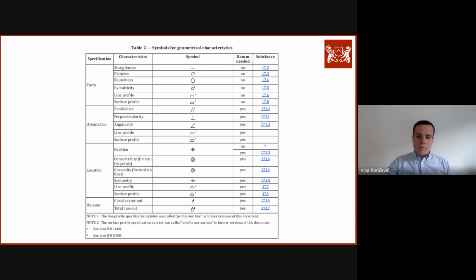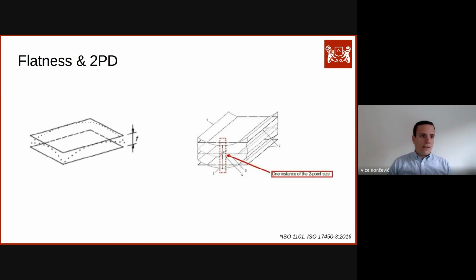One of them would be flatness, and another one would be a 2-point distance. Both of them are strictly GPS characteristics. They are much older, but strictly to transmit the message to our viewers of how we actually generate these measurement ideas, these measurement principles.